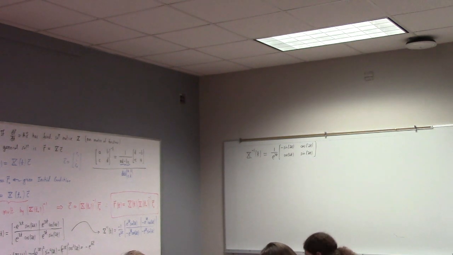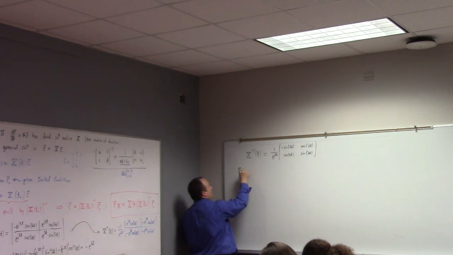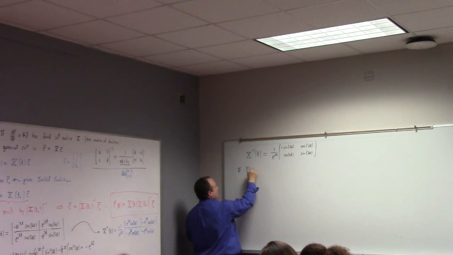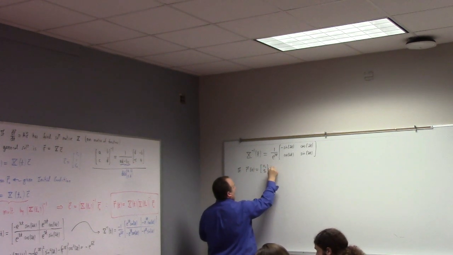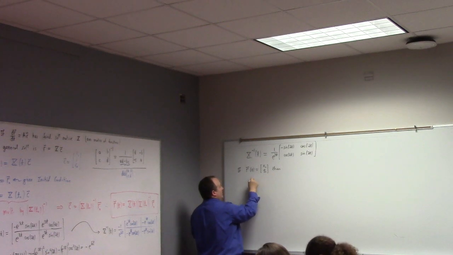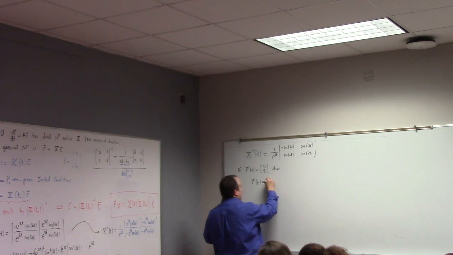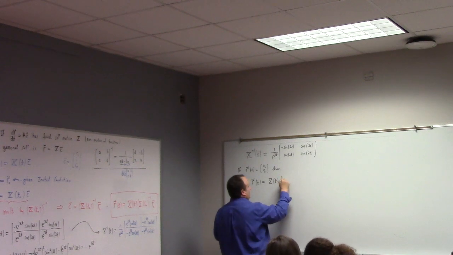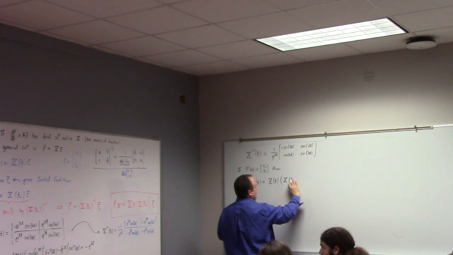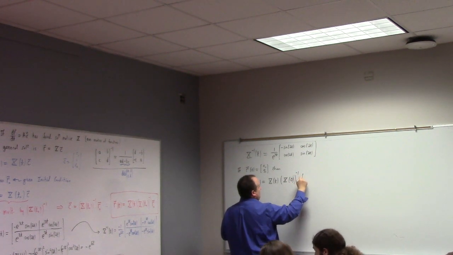So that is a formula for the inverse of the fundamental solution matrix here. And if I wanted to solve example 1, say r at time 0 is equal to x naught, y naught, then r of t is equal to what? Well, the general solution: X of t times X of time 0 inverse times this x naught, y naught.